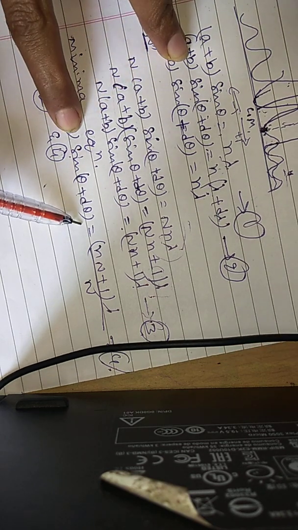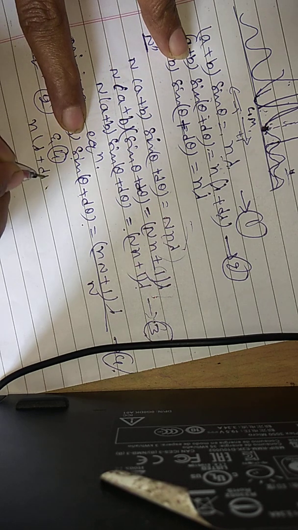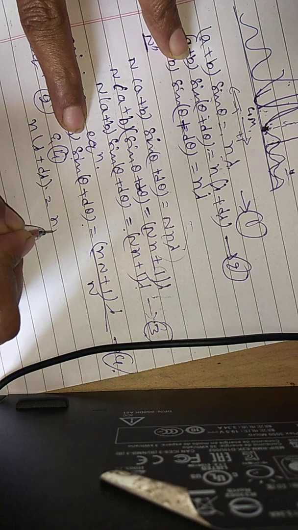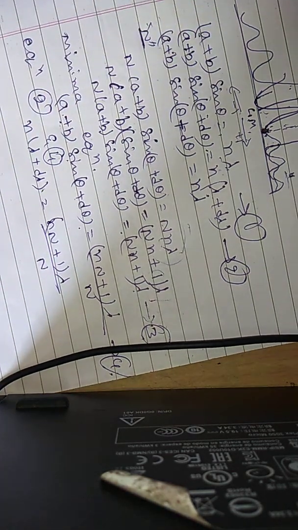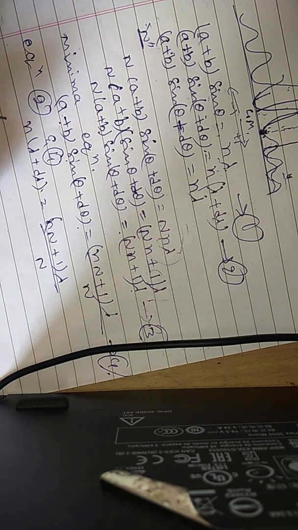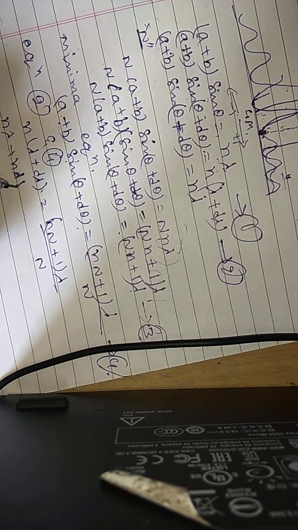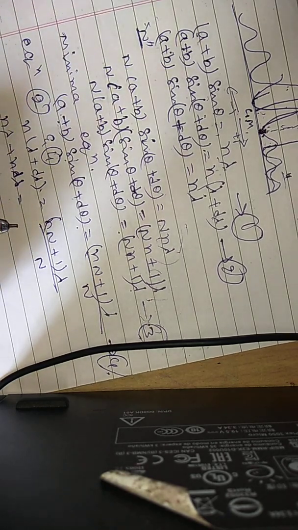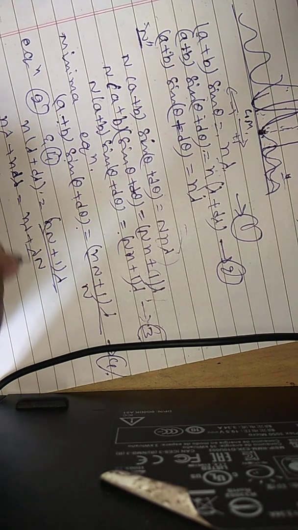So on comparing these two, I get n lambda plus d lambda is equal to (n plus 1) lambda by n. So now n lambda plus n d lambda is equal to n lambda plus lambda by n.